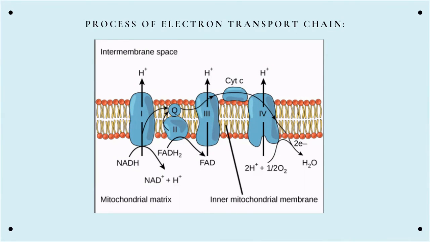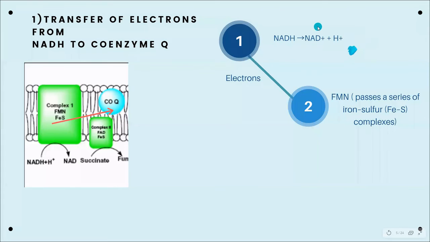With a drop in the potential energy of electrons moving downward, the electron transport chain occurs at 3 points. The first one is the transfer of electrons from NADH to coenzyme Q. The reaction starts with NADH passing the electrons through complex I to FMN, which is tightly bound to a protein. NADH is oxidized to NAD+ and H+.